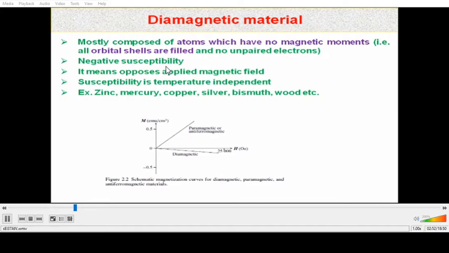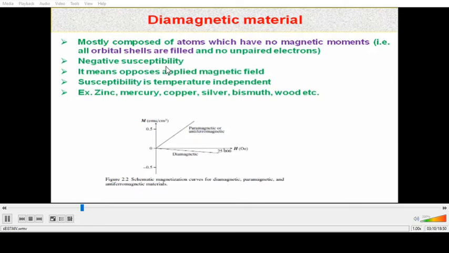So what does it mean? A negative magnetization? Nope. It means it will oppose an applied magnetic field instead of letting it pass through a diamagnetic material.